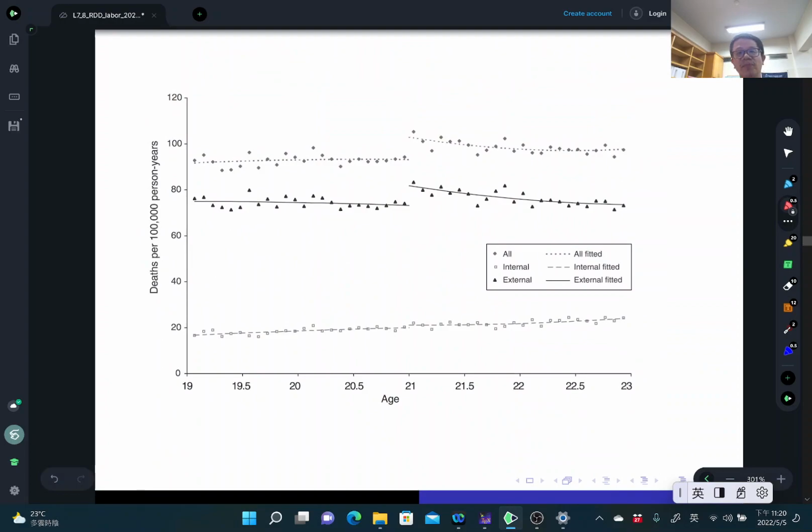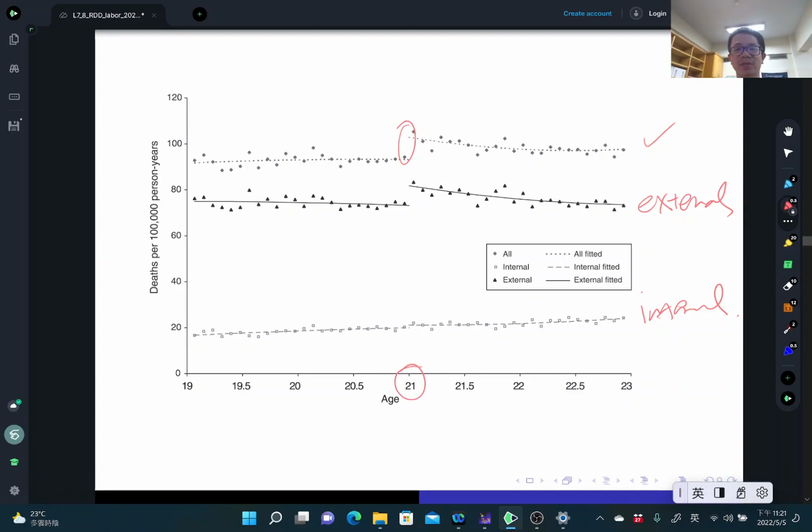And that can also be seen in the graph. The first graph shows all causes, this is external cause, and this is internal cause. You can see the discontinuity for all causes happens at 21 years old.